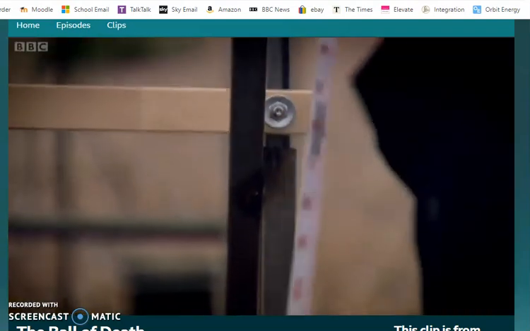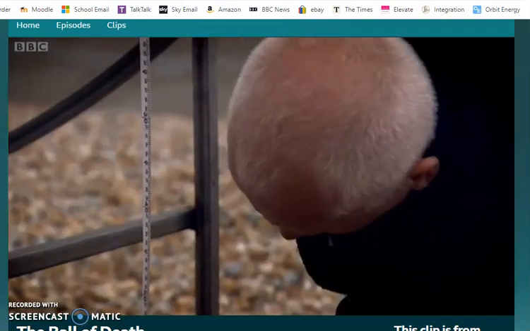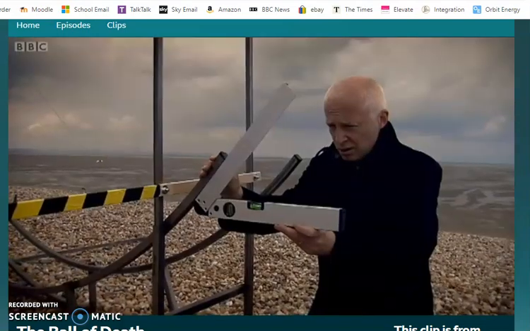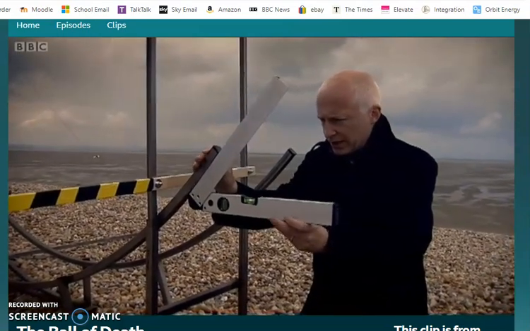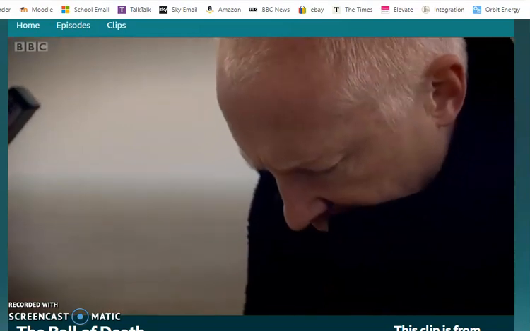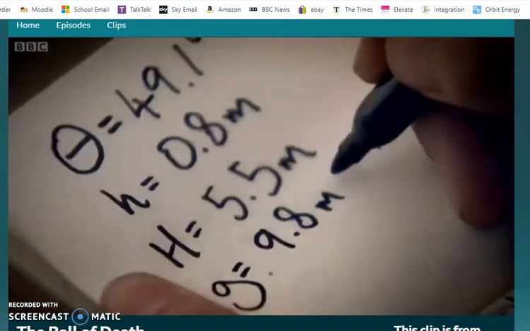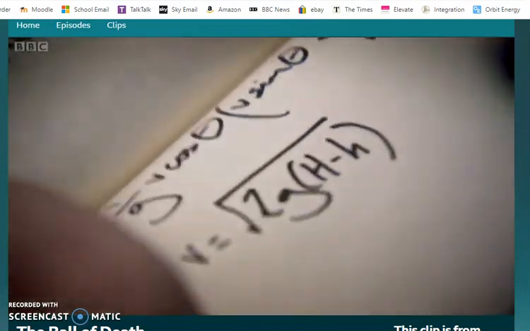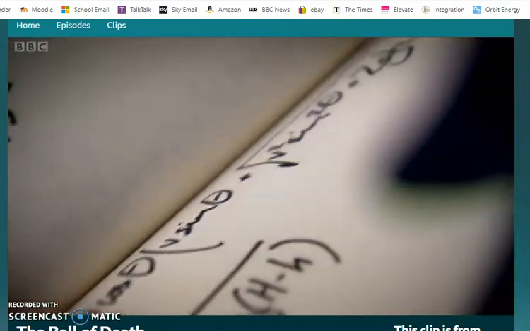Little h is 0.8 meters. The angle is 49.1 degrees. Gravity on the Earth is 9.8 meters per second squared. Interestingly, you don't have to know the mass of the ball.